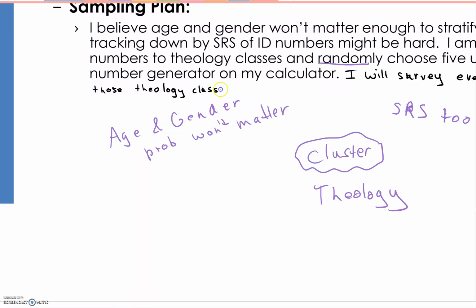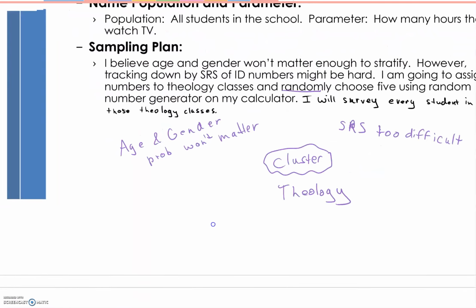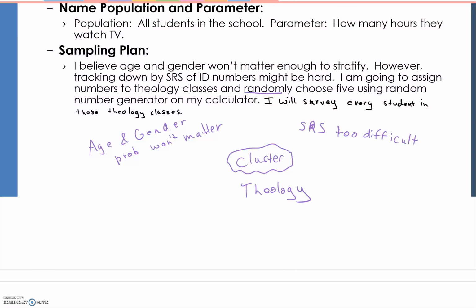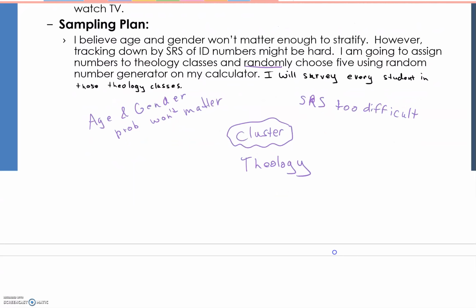Or at least attempt to get a survey from every student in those theology classes. You recall in cluster, you randomly pick which clusters to use, but then within that cluster, you want to survey or choose every person in those. And I think that's an important part of your sampling plan.